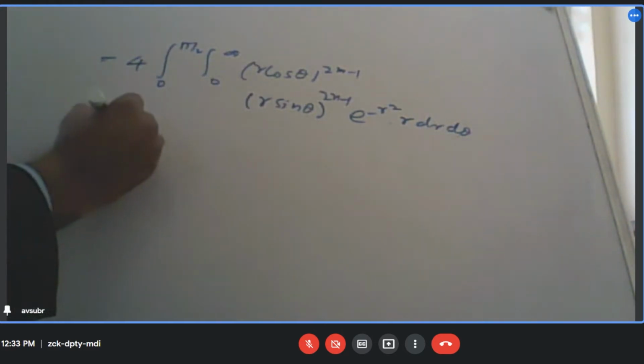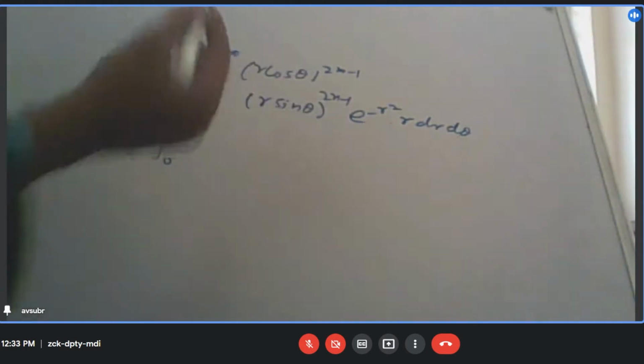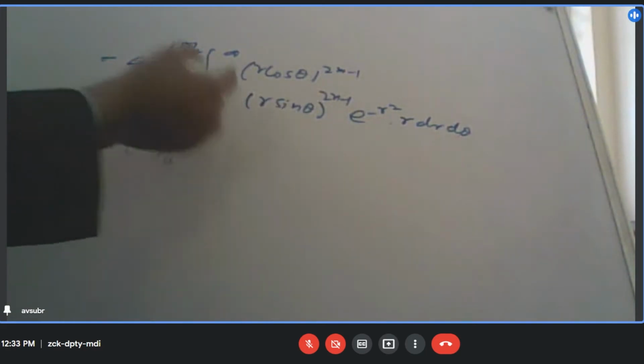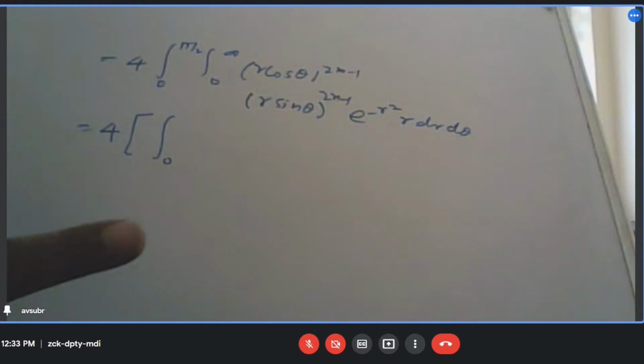So 4, I can write down it as, because we have theta terms and we have r terms, one integral refers to r only and another integral refers to theta only.